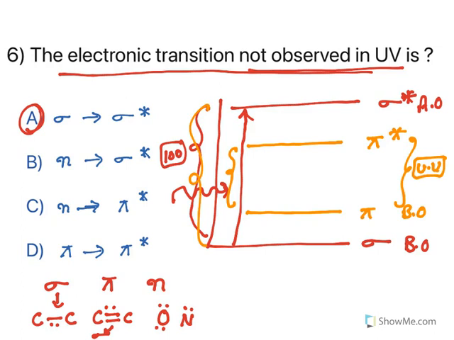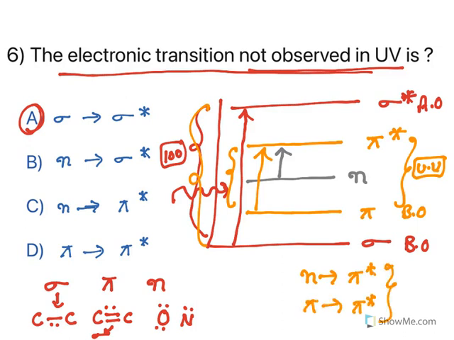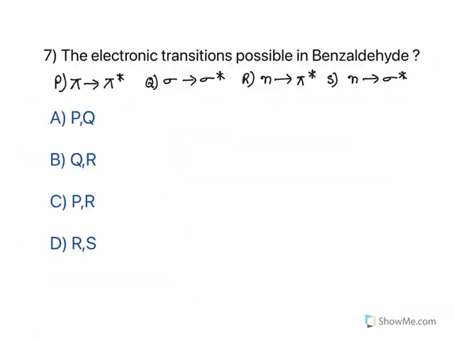Now after that you will have n electrons, non-bonding electrons. They can move from n to pi star also. So these are all the transitions which occur, bonding to anti-bonding orbital. So most of the time in UV we see n to pi star transitions and pi to pi star transitions. So this is what UV visible spectroscopy is about.